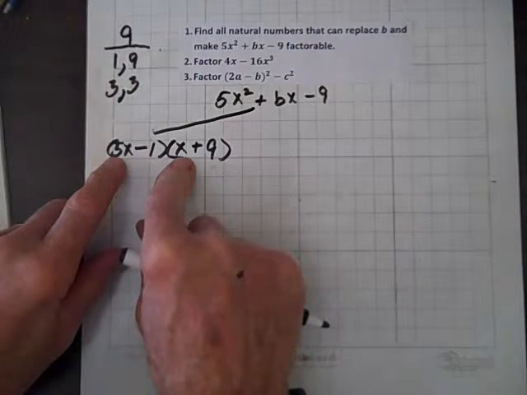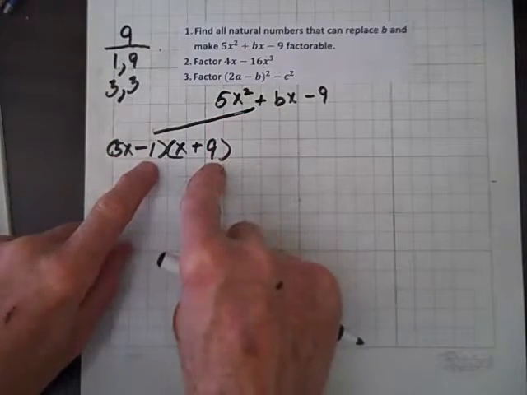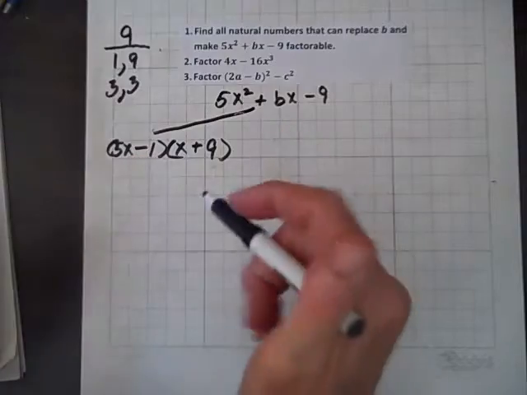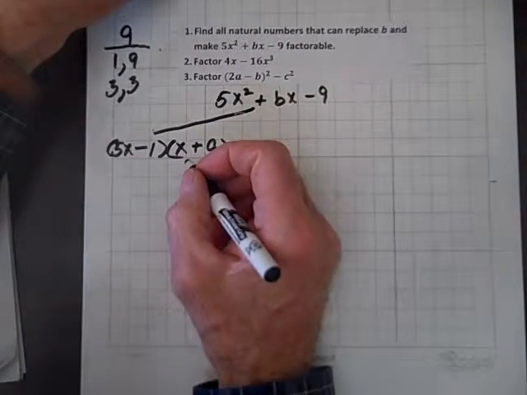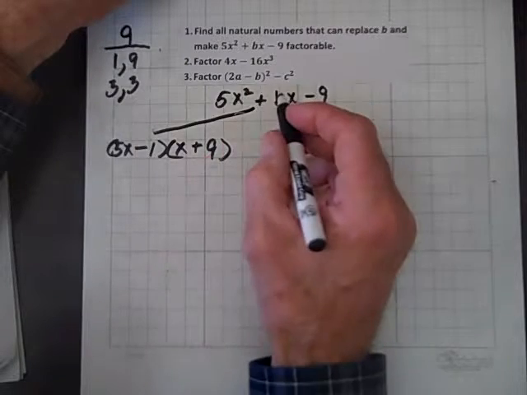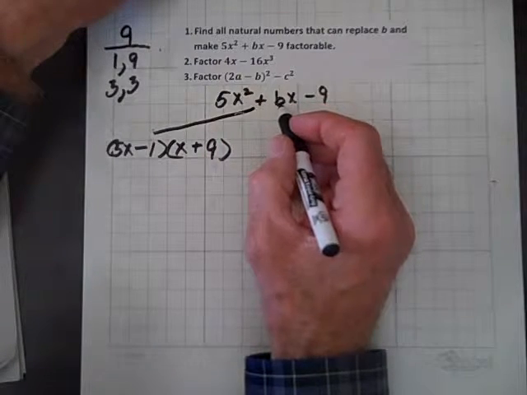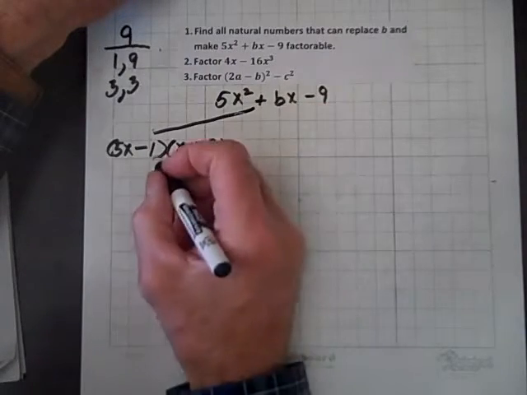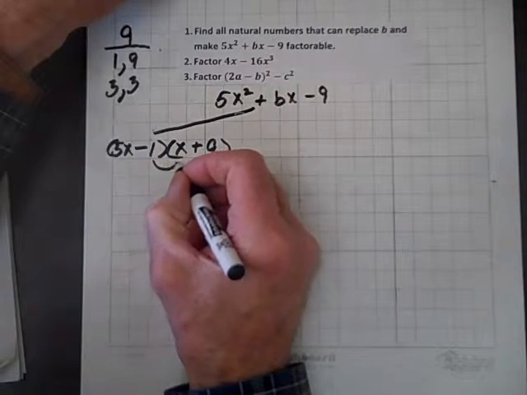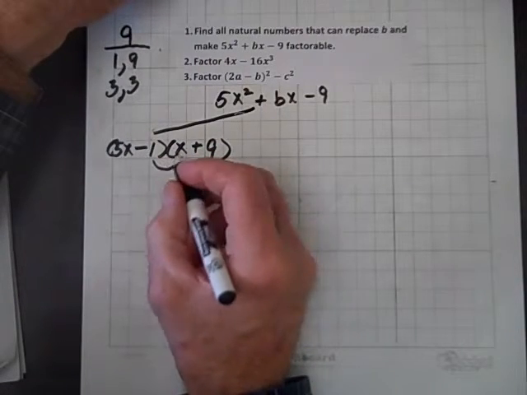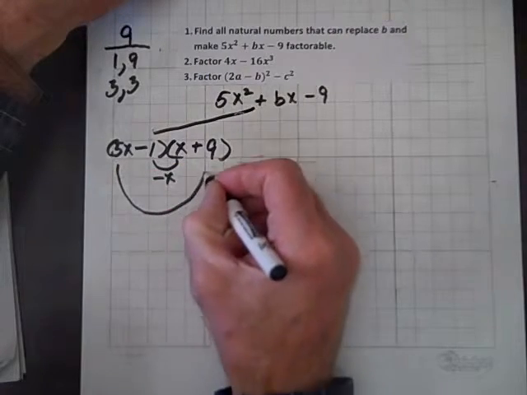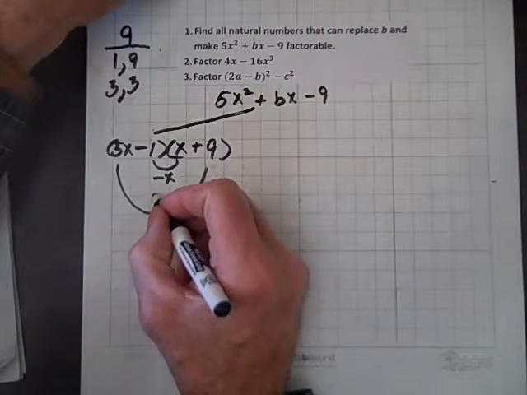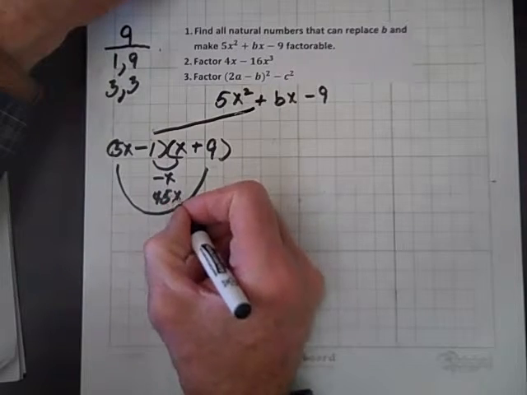Now we know that 5x times x is 5x squared, and negative 1 times 9 is negative 9. So our interest is in the middle term. To produce that, we'll multiply the inside times inside. Negative 1 times x is negative x, and outside times outside, 5x times 9 is 45x.